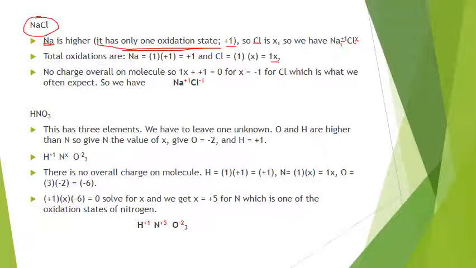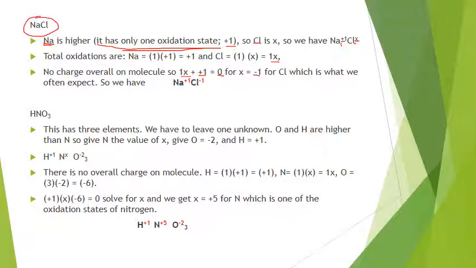So it's going to be 1x plus 1 equals 0. Solve for x, you get -1. And chlorine is -1, and that's what you would expect. But chlorine isn't always -1. If you look at the periodic table, sometimes -3, -5, and I think it might be a plus as well.